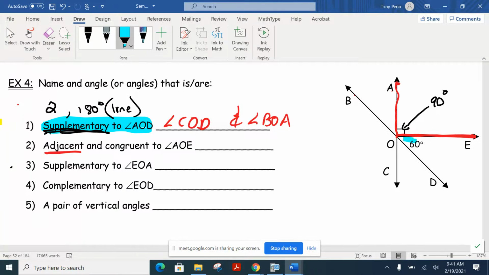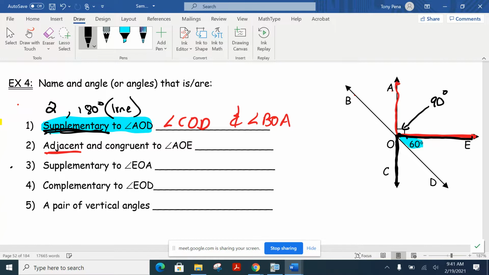Let's go to this angle right here, because isn't this angle also adjacent to it? That obviously is not a 90-degree angle because I'm specifically telling you that that's a 60-degree angle, okay? So that's why that's a little bit sneaky, because there's a different way that we can say we have an adjacent angle to AOE. And that is by writing this angle here from C to O out to E.